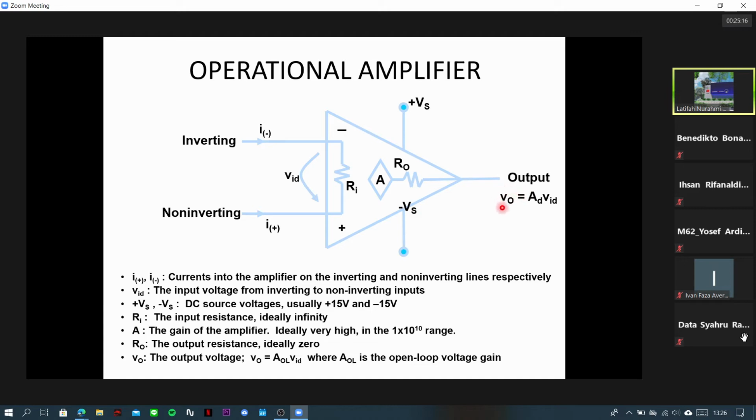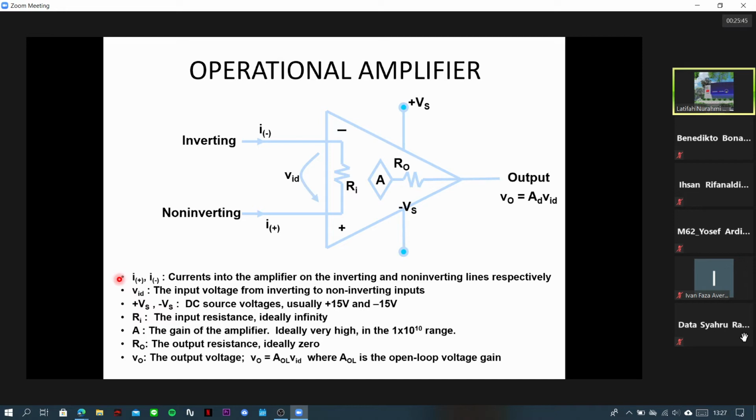So the output voltage will be equal to A times VID. What is A and what is VO? VO is the output voltage, and VID is the input voltage. So let's see the symbols one by one here in the legend.